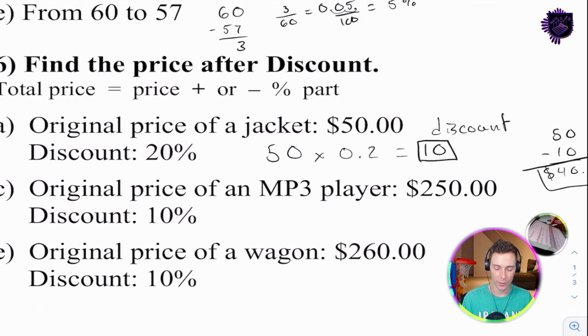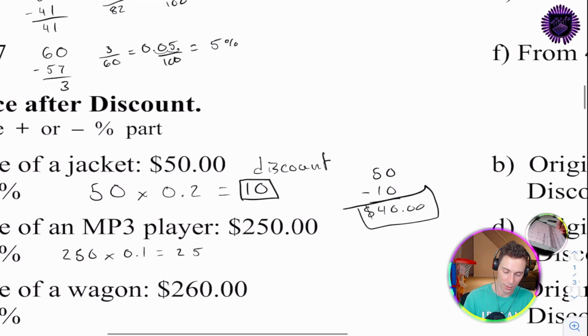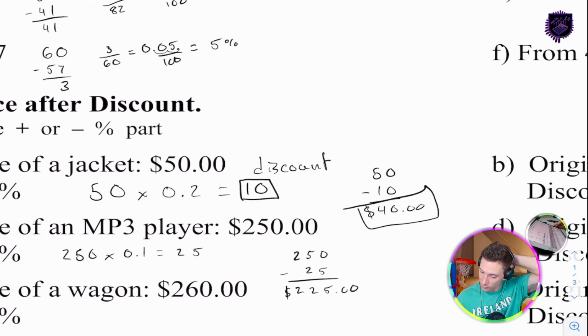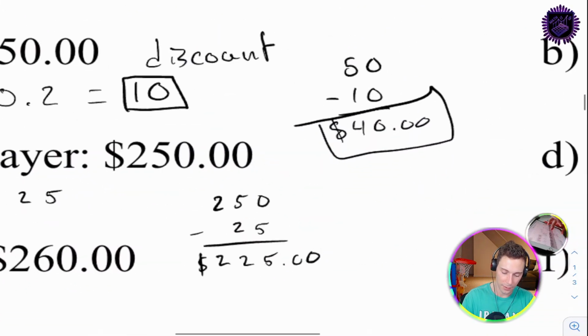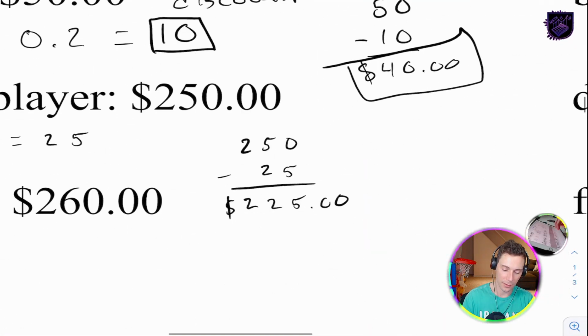But let's do our work. So we'll go 250 times 0.1. This is going to equal 25. And then we take 250 minus 25 is equal to $225. Final answer, I'll square it.